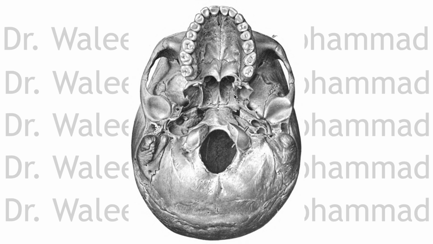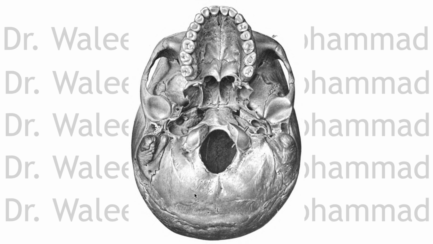And these are the pterygoid plates of the sphenoid, the medial pterygoid plate and the lateral pterygoid plate. Observe the occipital condyles that form the atlanto-occipital joint, and the foramen magnum, of course, for the passage of the brain stem.